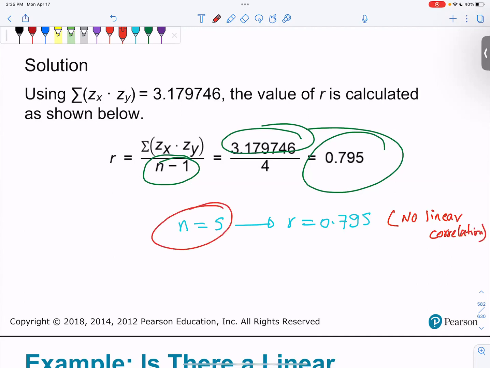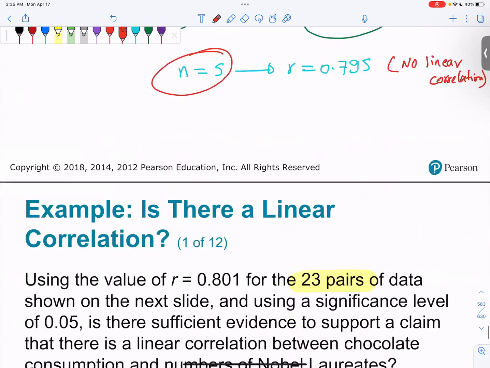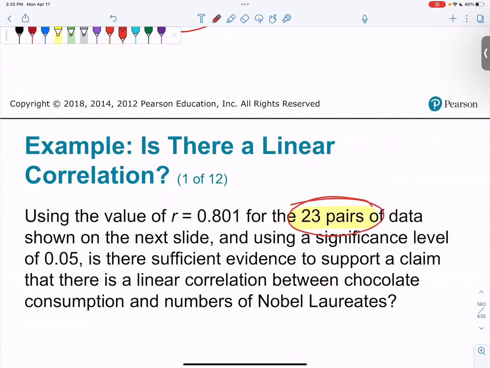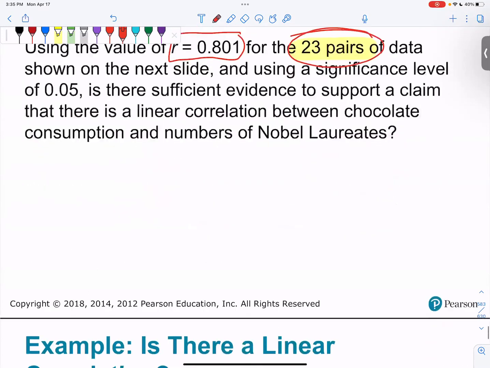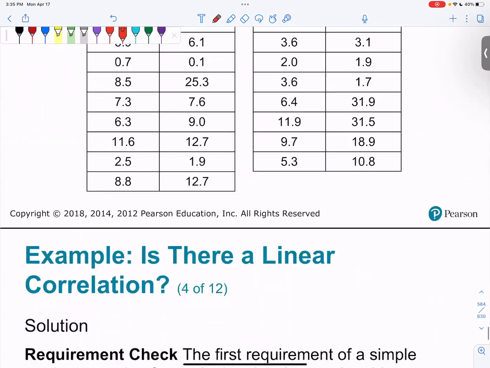But the sample size is very small. That's why we said we should increase the sample size. So when we increase the sample size to 23 instead of 5, we got r equal to 0.8, okay?